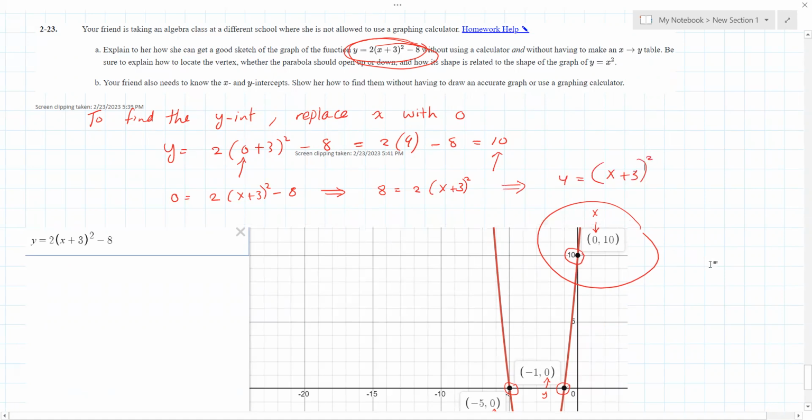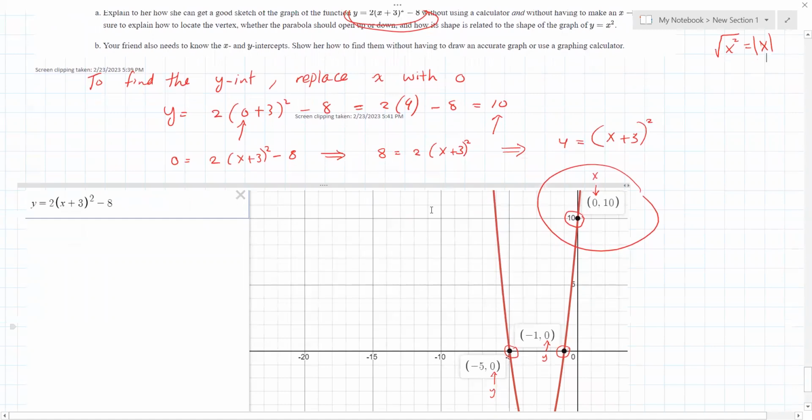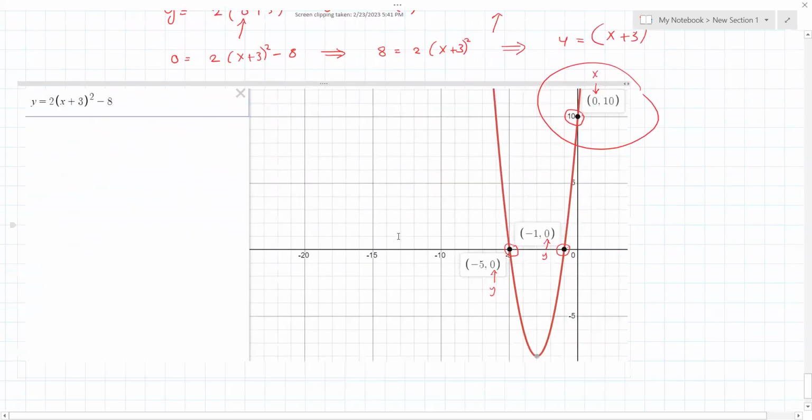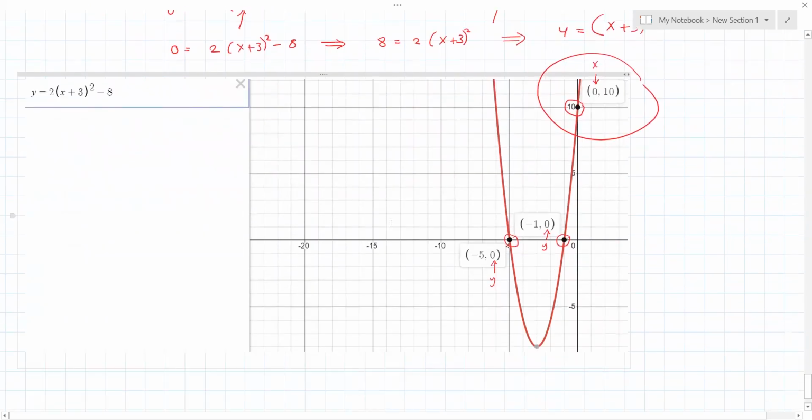X now is more isolated, but the goal is to get x by itself. So now to remove the square, we apply the square root on both sides. Because in general, if you have something squared and you apply the square root, you get the absolute value of that something. In this case, we have (x plus 3) squared is equal to 4.